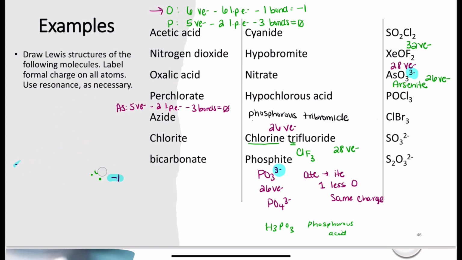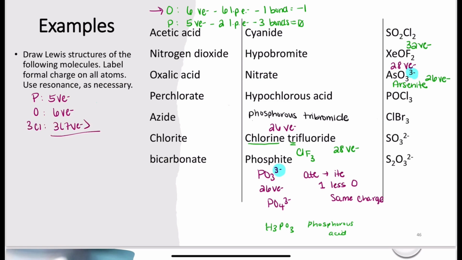What about POCl3? P, 5 valence electrons. O, 6 valence electrons. 3 Cl, 3 times 7 valence electrons. 3 times 7 is 21, plus 6 is 27, plus 5 is 32.